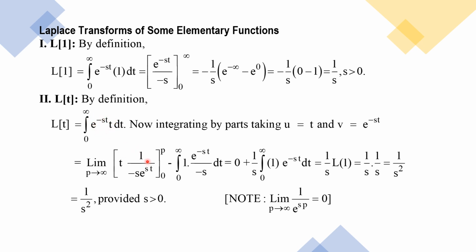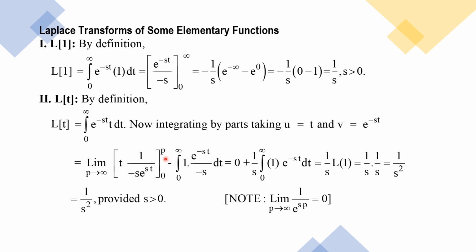So e power minus st means 1 over e power st, and the integration of e power minus st gives minus 1 over s, with the upper limit p and lower limit 0, minus the integration from 0 to infinity.